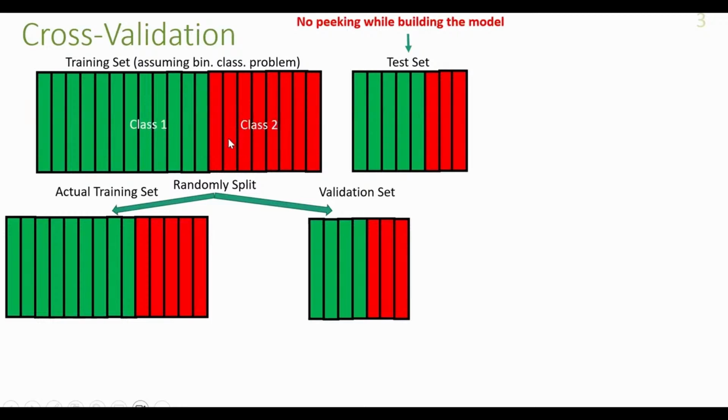As you can see here, if you do this random splitting, it may happen that after doing this random splitting, let's say 90% of examples belong to green class and only 10% data belong to the red class, right? It is possible, because if you are selecting randomly, it can be possible, right?